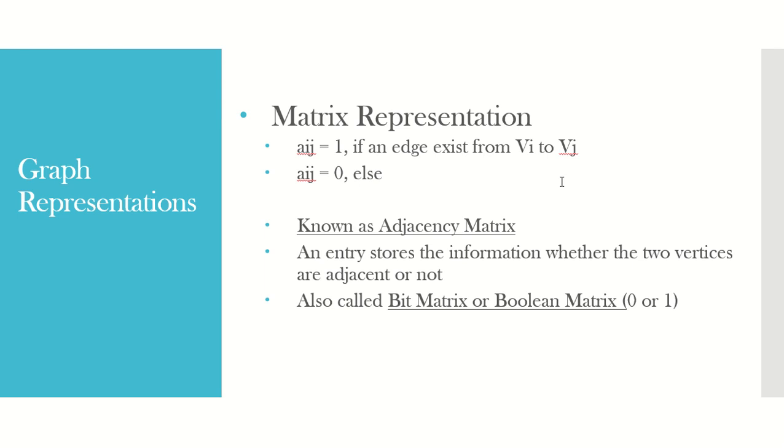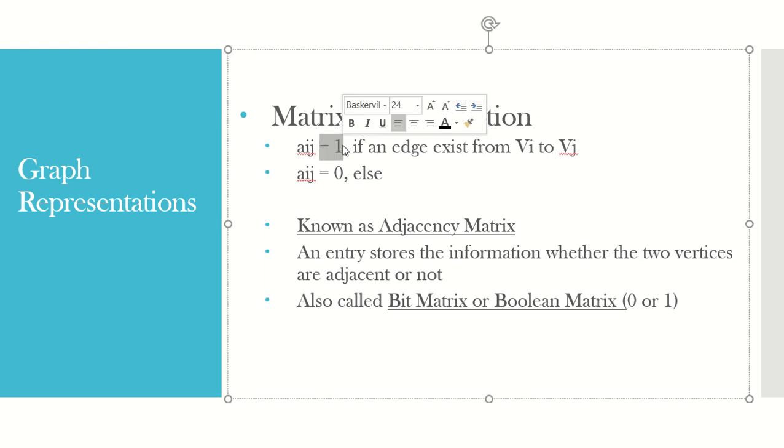But one more thing that you have to remember is that if you are going to deal with a weighted graph, then this 1 of aij will be replaced with the corresponding weight. Suppose there is an edge from Vi to Vj, so Vi is adjacent to Vj, and that edge has a value 8.